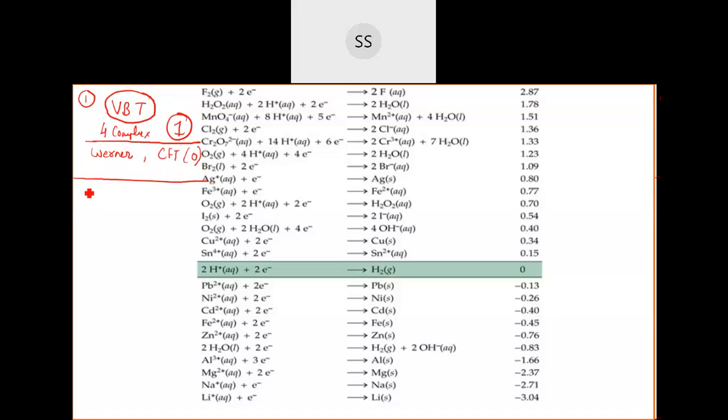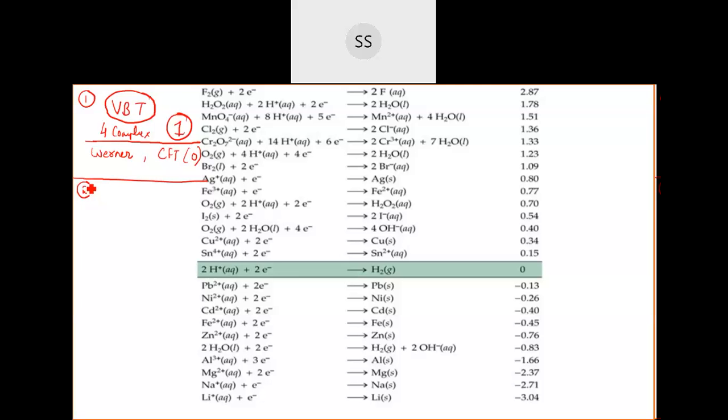Now going to the next chapter, electrochemistry. You have 3 different types of problems. Concentrate on problems.